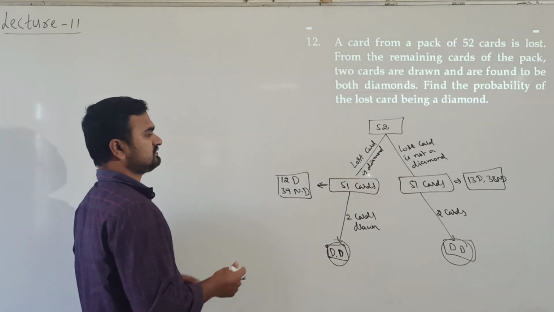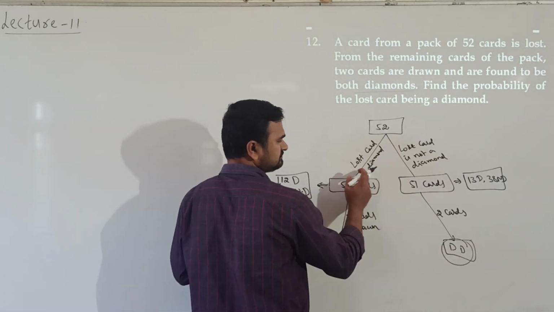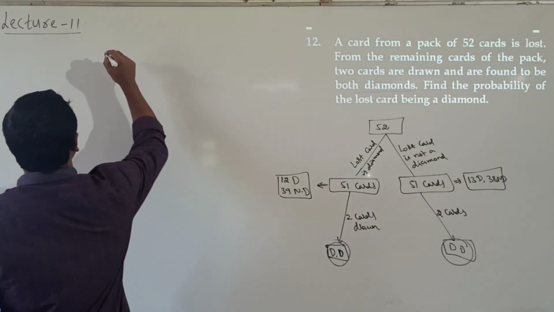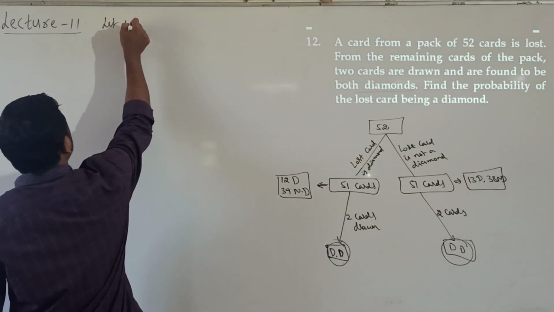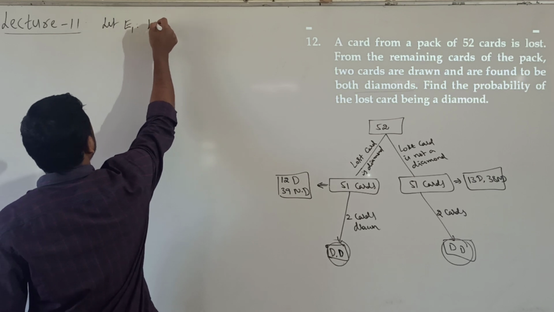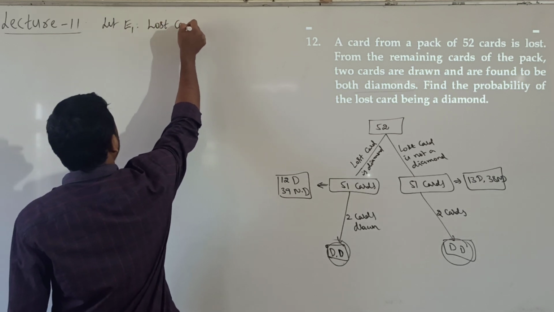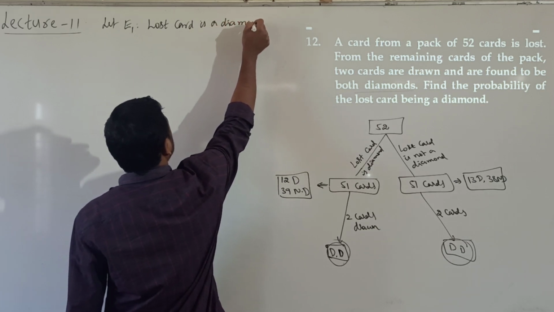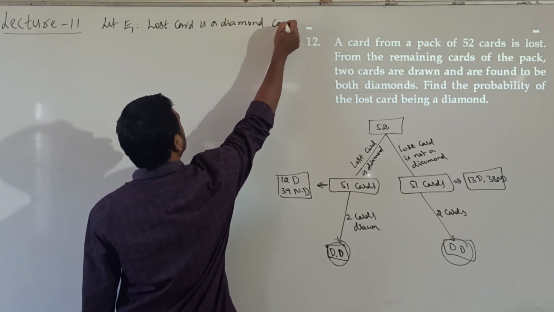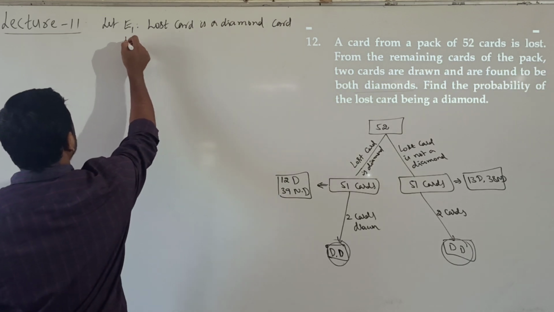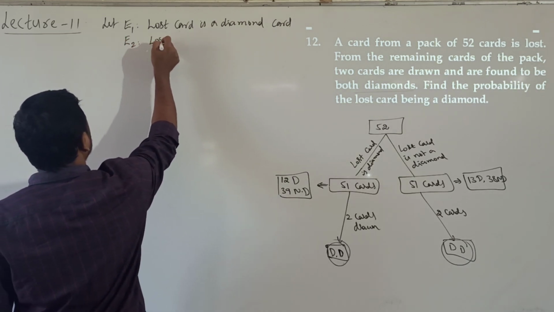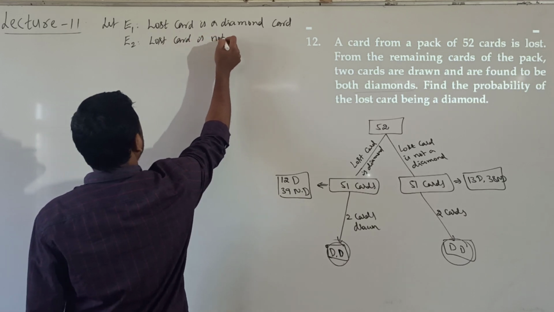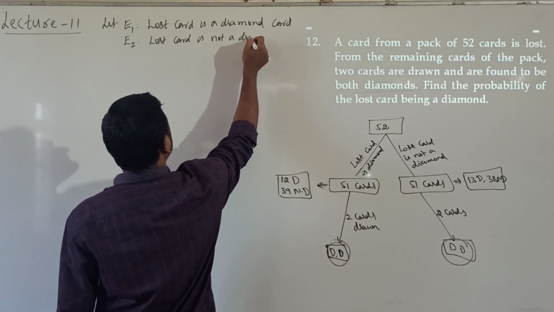First you have to define the two events E1, E2. The last card is a diamond, the last card is not a diamond card. So let E1 be the event that the last card is a diamond. Next, E2 is the event that the last card is not a diamond.